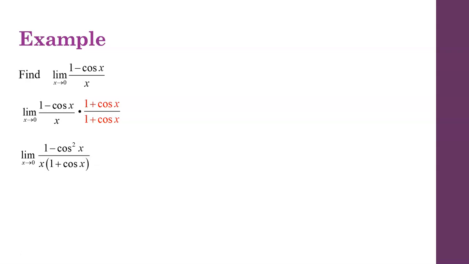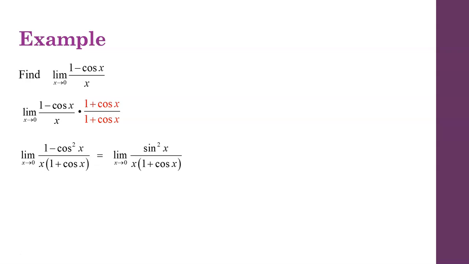And then I'll get this scenario of sine of x over x, and we just established what that value is, right? So I multiply by 1 plus cosine of x on the top, and if I distribute, the conjugate gives me 1 minus cosine squared. Replace 1 minus cosine squared with its trig equivalent, sine squared.